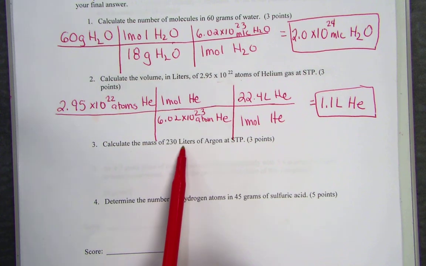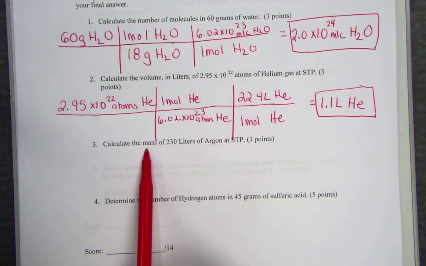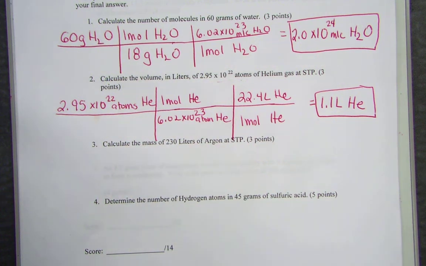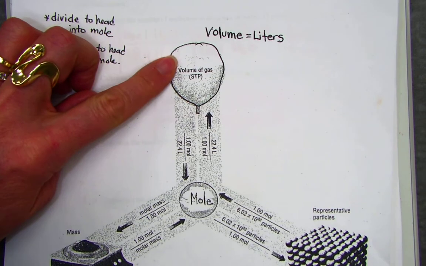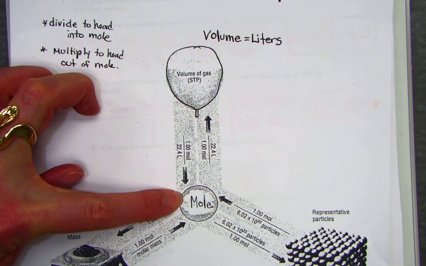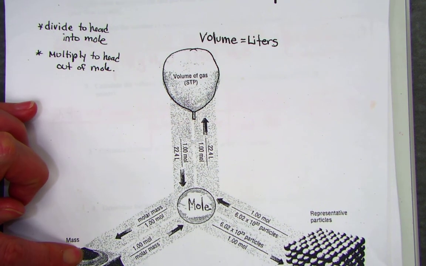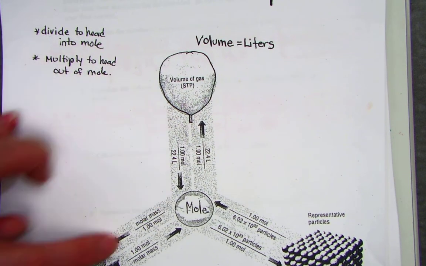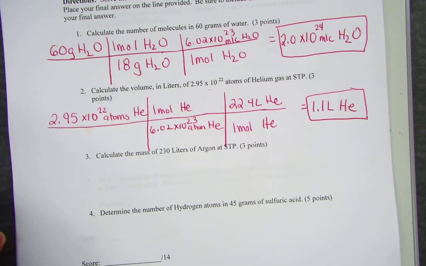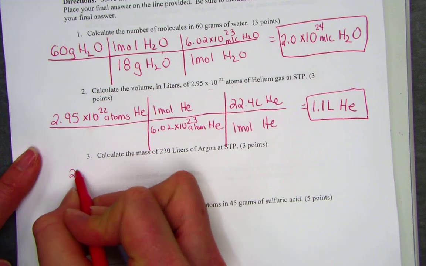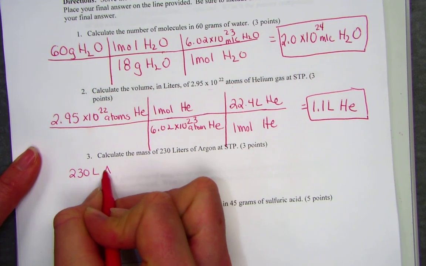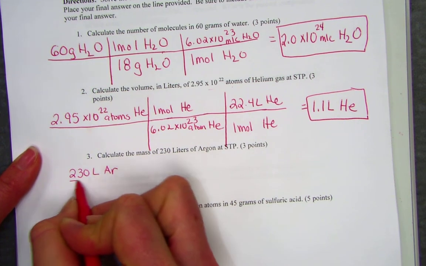We're starting up north with the volume. We're at the balloon. We'd like to go down to the scale, the grams. Starting at the liters, we're going to head into the mole using molar volume and head out to the scale using molar mass. Divide to head in, multiply to head out. 230 liters of argon, number, unit, label.